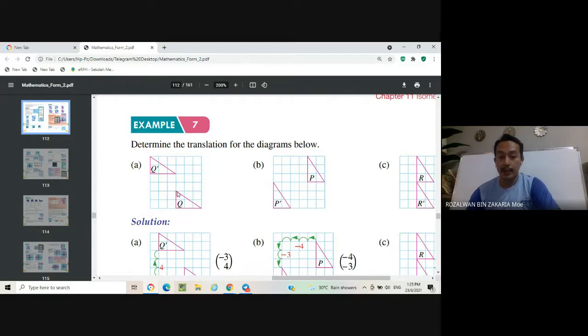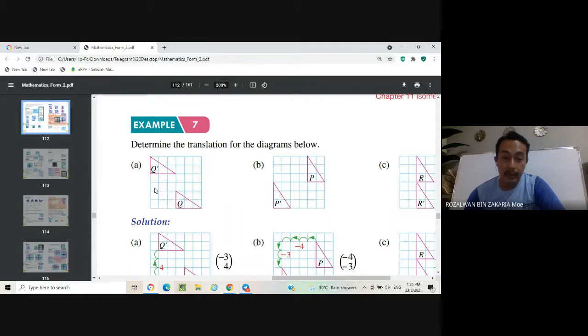Remember the movement should start on the x-axis, and after that it will go to the y-axis. The x-axis means move to the left or to the right. Starting here, calculate, it moves to the left. 1, 2, 3.